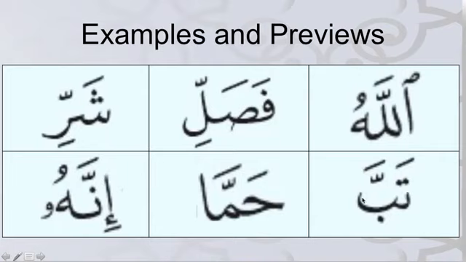Now, when this word occurs at the end of a verse, or when a mushaddad letter occurs at the end of a verse, you need to do qalqala on the second instance of that letter. Now, we will go into details of this one. I don't want you to know this. This is not going to be on the self-test, but I just wanted to give you a preview. We will go into the details in a future lesson, inshallah. This is tabba. So the way you would spell this out is ta fatha ba shadda tab, ba fatha ba tabba.